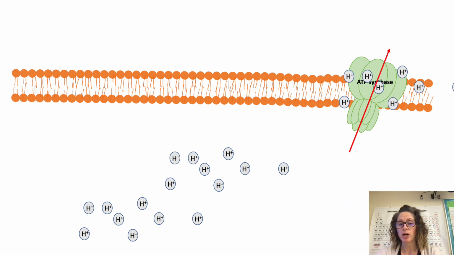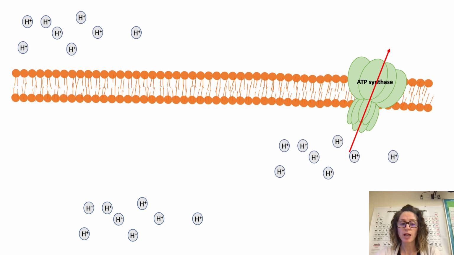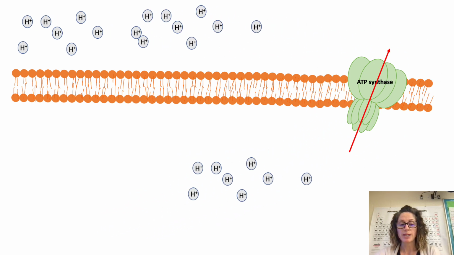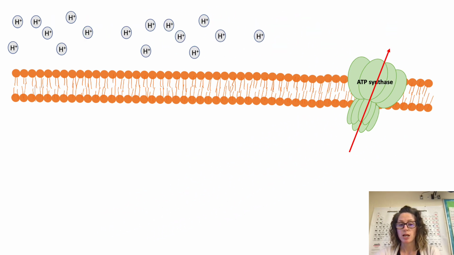And so the hydrogen ions are able to go through the ATP synthase, producing ATP just like in the other system. Okay, so this is cyclic photosynthesis, where we get only ATP being produced. We don't have water being split, and we do not have NADPH being created.